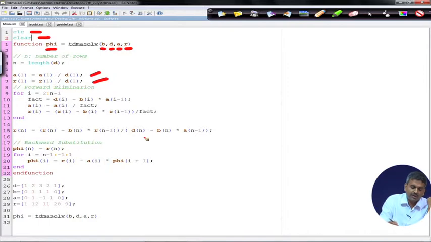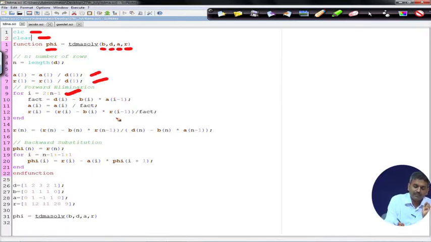And in the forward elimination process we are calculating this factor, I equals 2 to n minus 1, because we do not need to calculate the A as the nth value of A is not available. So, fact equals d I minus b into a I minus 1.